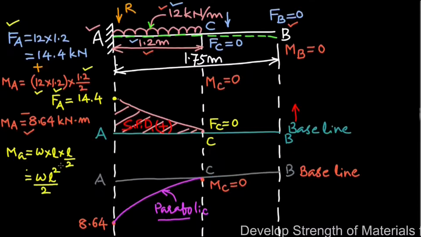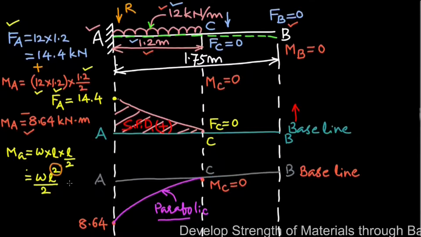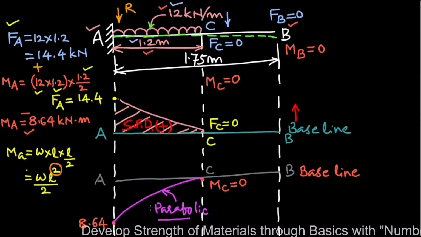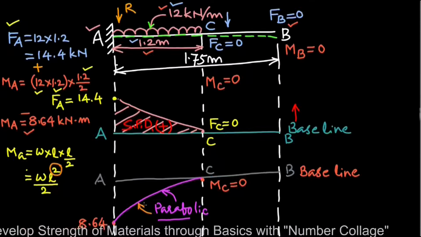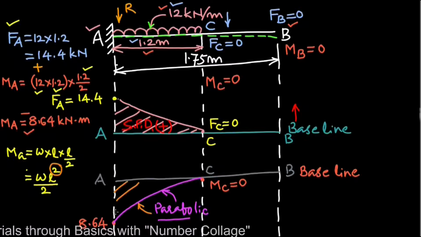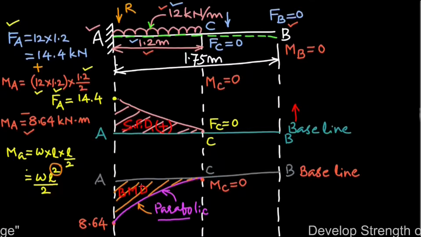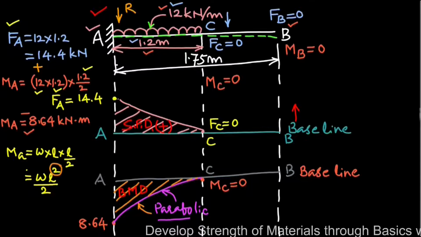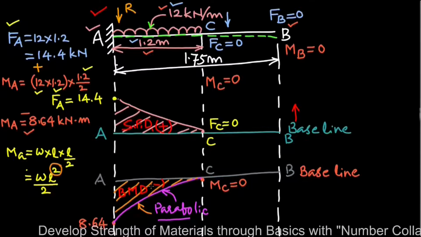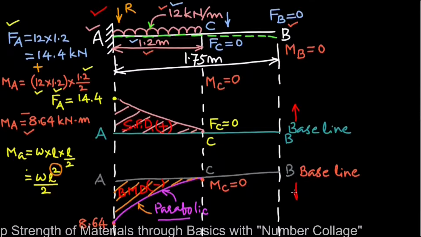Since the bending moment curve contains a quadratic or square term, its shape is going to be parabolic like this. Hence, this will be the bending moment diagram for this cantilever loaded as shown, and it will be negative, hence drawn below the baseline.